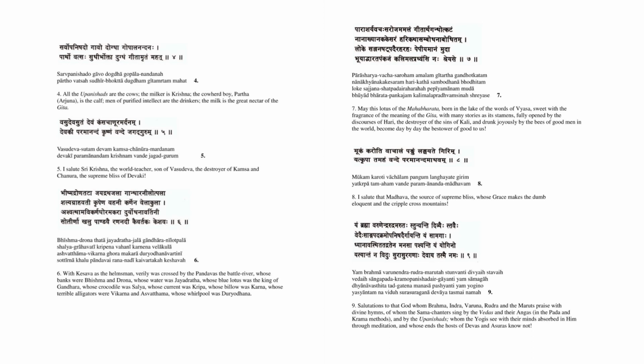For example, if you add just ti, it becomes bhavati. That becomes a present tense. If you add ishyati, then it becomes bhavishyati. Bhu plus ishyati, bhavishyati. That becomes a future tense. Then that bhavishyati form can be used in a sentence. Bhavati can be used in a sentence.